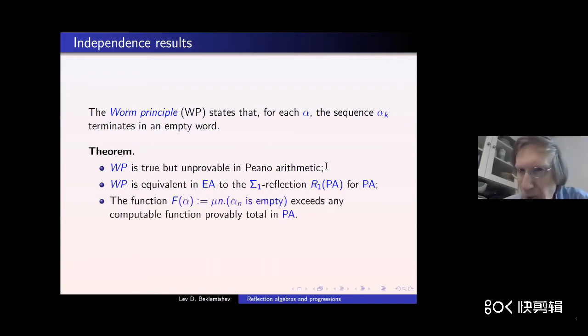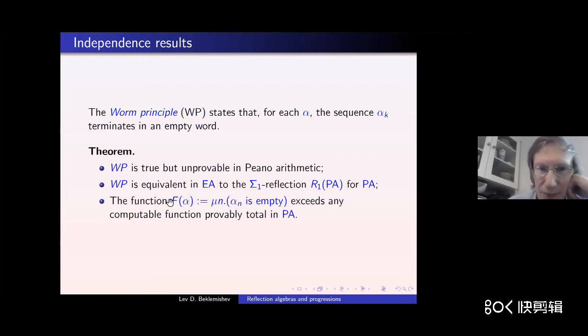But the third point, which can be easily understood right now, is that we can associate with this statement the following function, the function f of alpha, that associates with the worm or with the word alpha the number of steps of the game until the word alpha n becomes empty.